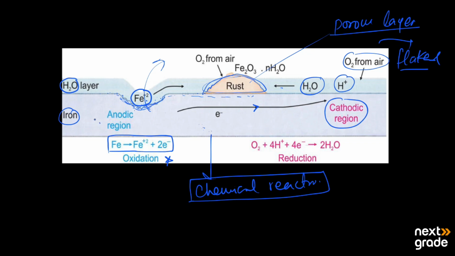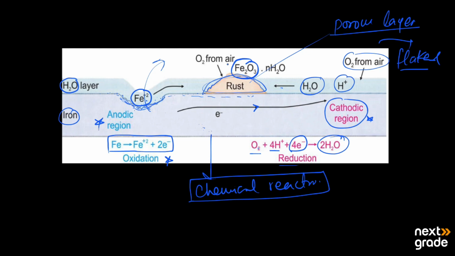So both anodic and cathodic regions are responsible for the rusting of iron. In the reduction reaction, oxygen, hydrogen and electrons are gained and change into water. Now this water and the oxygen present there react and change into iron oxide. So this was the simple formation of rust.